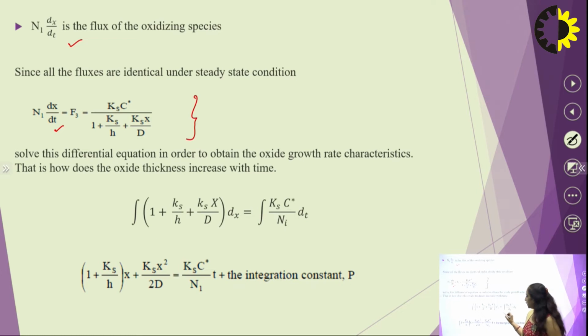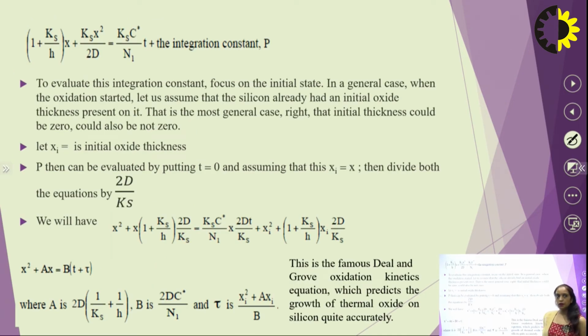So if you integrate these values, you are going to have this equation, and we will write here P as an integration constant. To evaluate this integration constant P, now we are going to focus on the initial state. We believe that before your oxidation process starts, there is already a grown oxide layer, right?